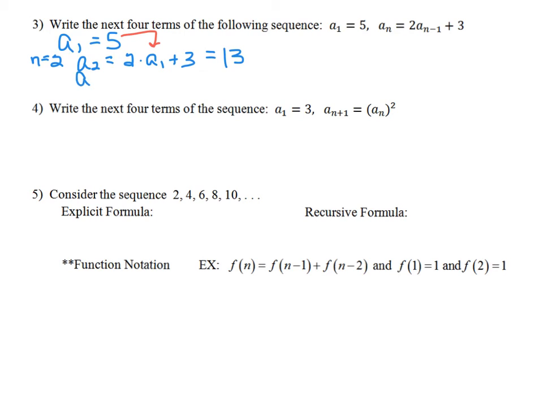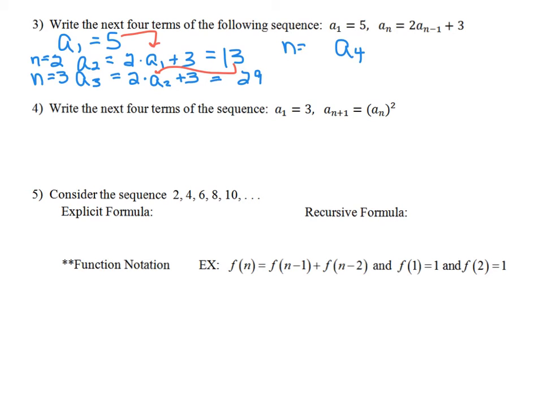To find A3, that means right now that n is equal to 3. So A3 is going to be equal to 2 times A2 plus 3. So substitute 13 in for A2. 2 times 13 is 26. 26 plus 3 is 29. I have to move over here for A4.